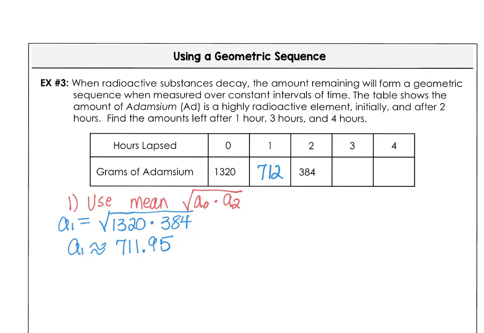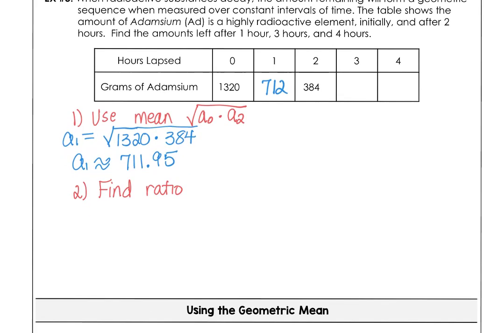Now we can do the ratio. Finding the ratio between the first term and the initial term looks like 712 divided by 1320. Using our calculator, 712 divided by 1320 gives us a ratio of just about 0.539 repeating.